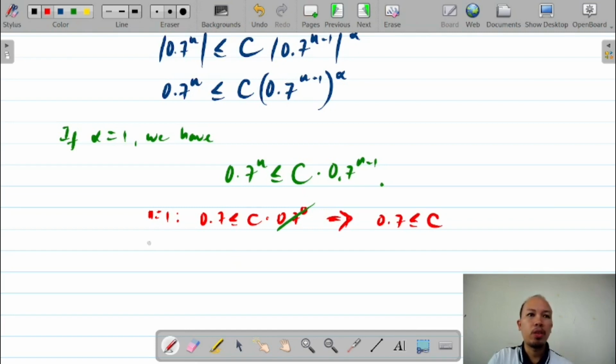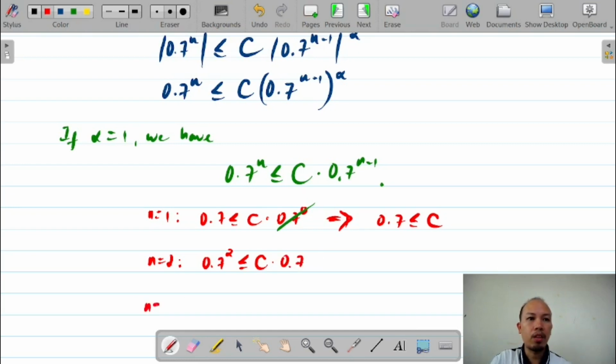So let's try n is equal to 2. 0.7 squared less than or equal to c times 0.7 to the 1.